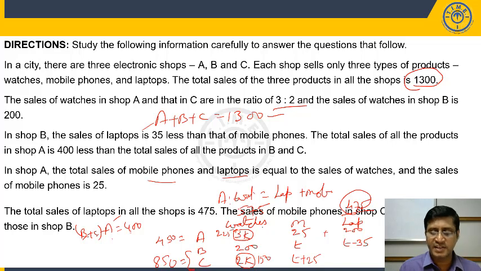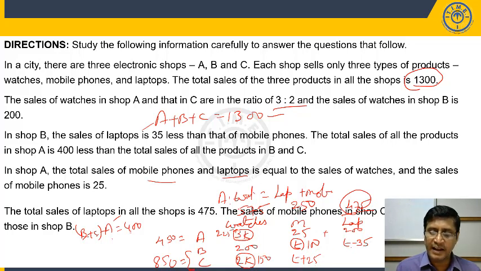575 watches, and the total number of laptops is 475. When you subtract the sum of these two from the 1300, the remaining will give the mobile phones, that is 250. So by adding all these values, T plus T, 2T plus 50 is equal to 250, which means T is equal to 100. So T plus 25 is equal to 125.